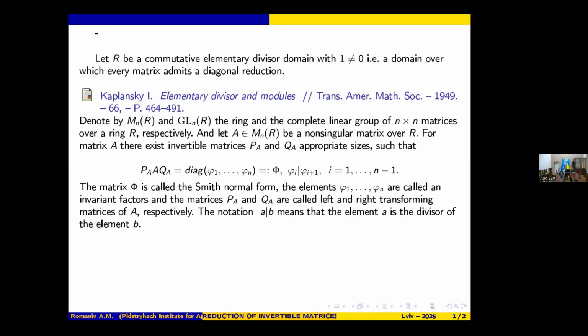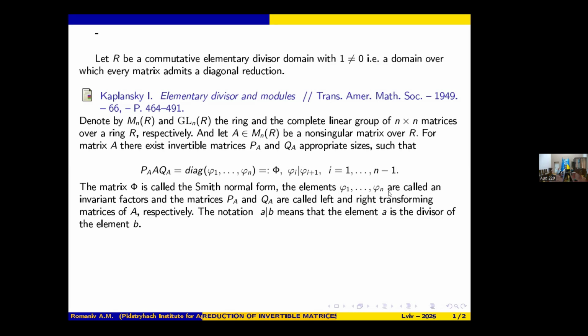For matrix A, there exist invertible matrices PA and QA. These matrices are called the left and right transforming matrices, and they reduce the matrix A to the Smith form phi.